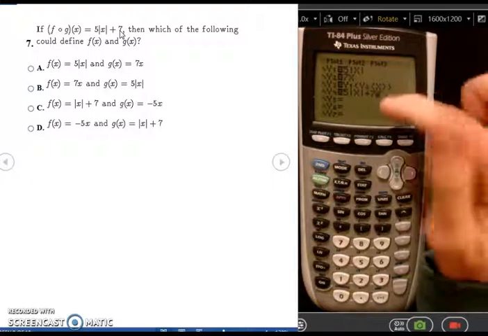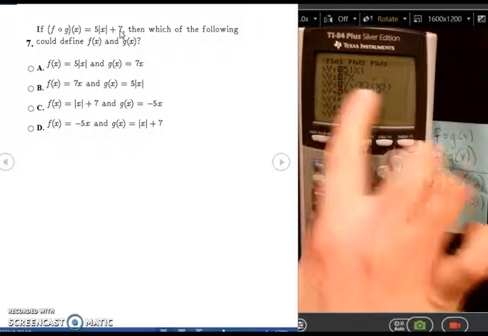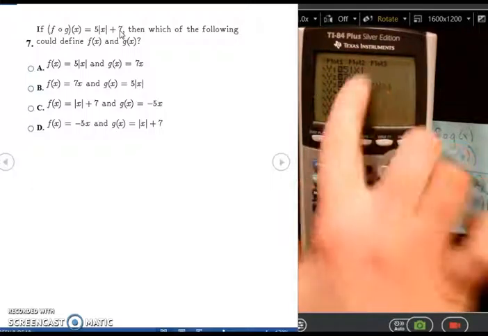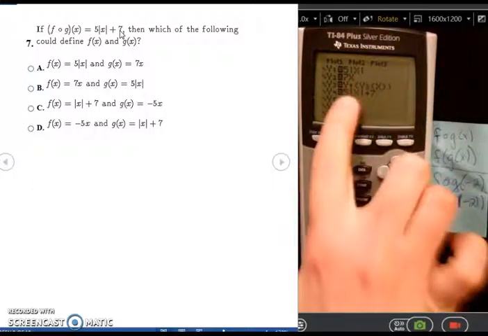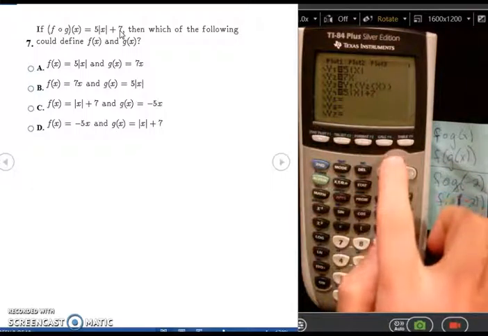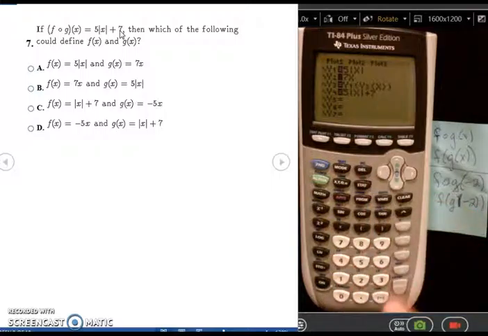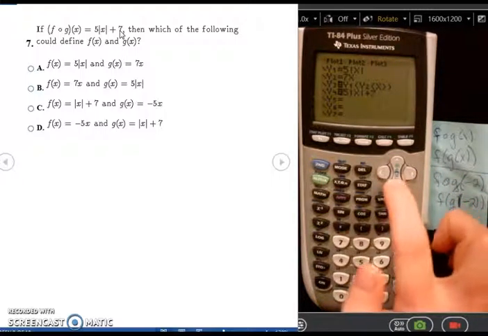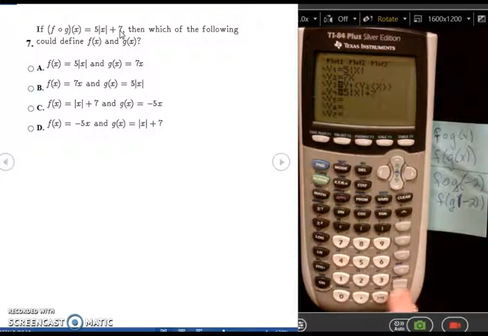I'm only concerned with comparing the composition of f and g and the actual 5 absolute value of x plus 7. So I'm going to unhighlight the equal signs of y1 and y2 so that I'm only looking at those. And I'm going to make the second one a thick line so that I can tell the difference.